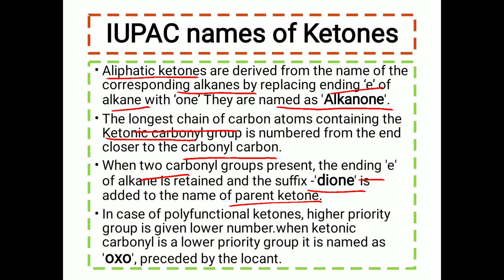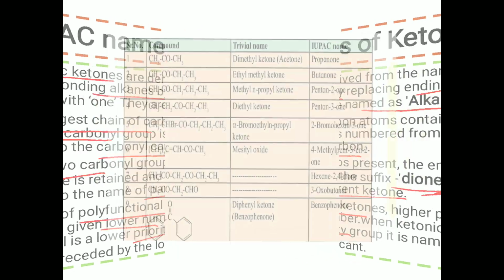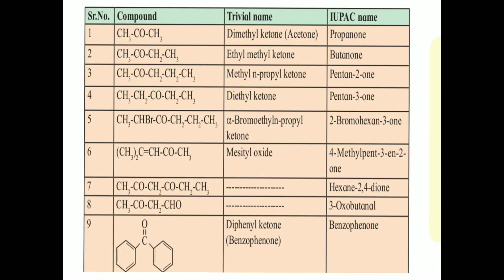When the ketone contains two ketonic groups, we write the suffix dione. Di means 2, and in the case of ketone we use the word ONE. In the case of many functional groups, that is polyfunctional ketones, the higher priority is given to the lower number, and when the ketone is a lower priority group, it is known as oxo, preceded by the locant. Now it can be studied by different examples.